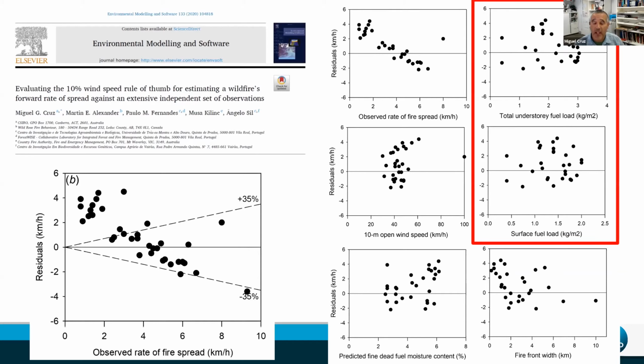Another aspect that came from this analysis was looking at the residuals against understory fuel load and surface fuel load. So again, for these extreme conditions, with this data set from Victoria, Southern Australia, that Sarah Aris and Musa Killing put out, fuel load does not further explain any of the error that comes from the use of the rule of thumb.